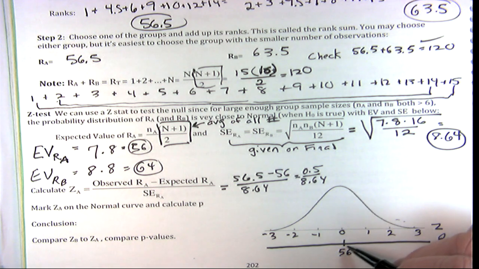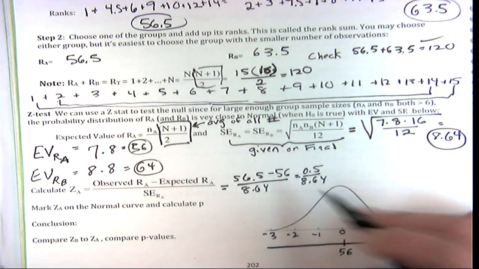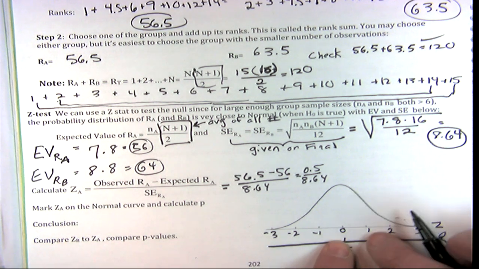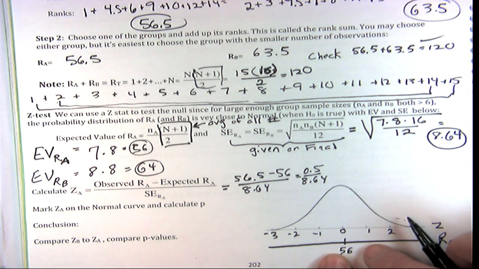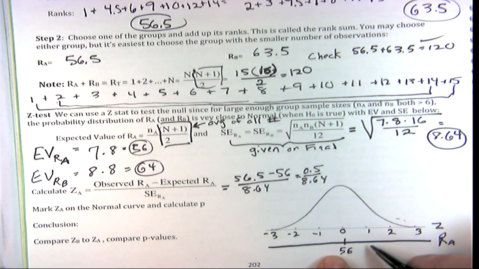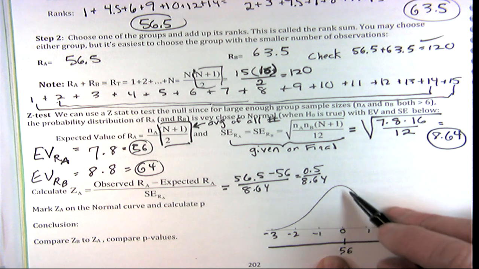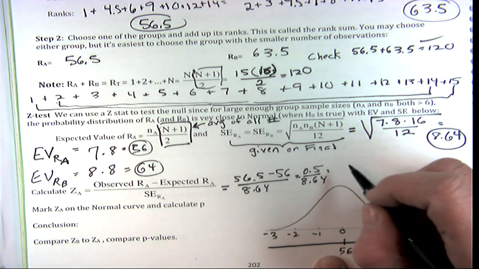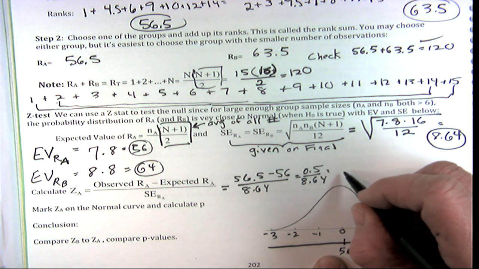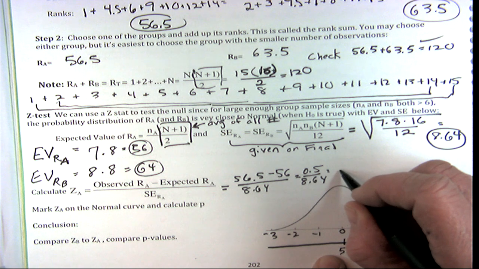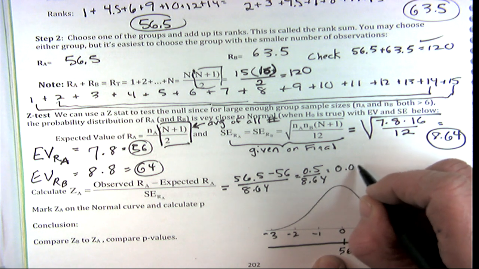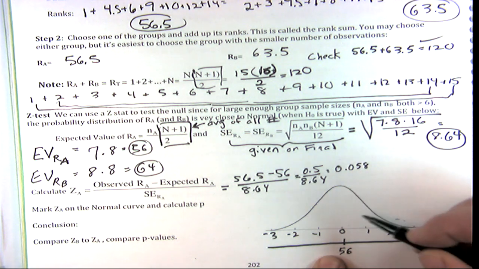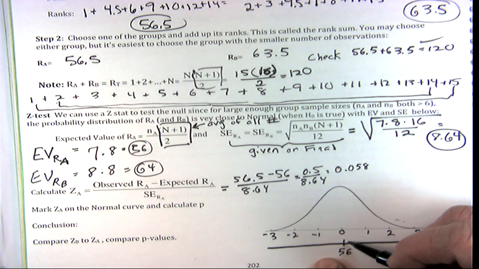Well, 0.5 doesn't seem like much, and when we divide by one standard error, 8.64, one standard error goes almost to 65 here, so it's very tiny. So as a z-score, we have something extremely small: z equal to 0.058.